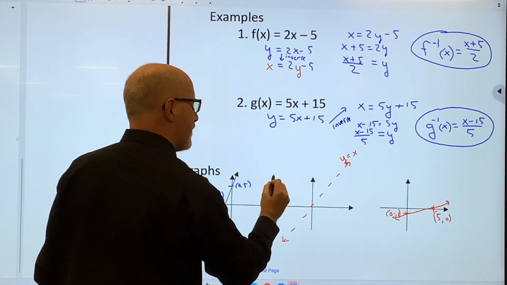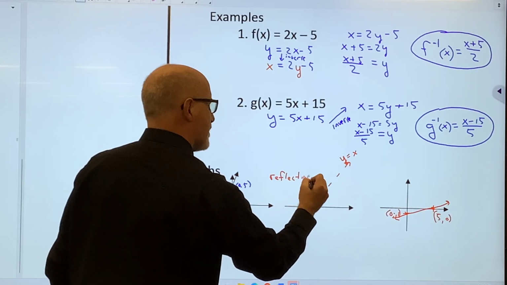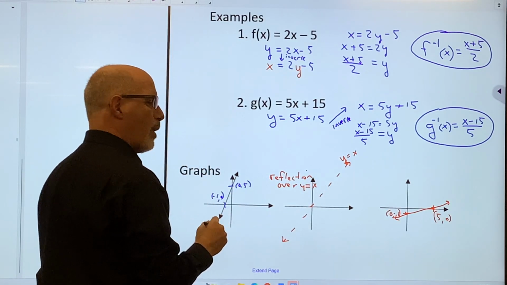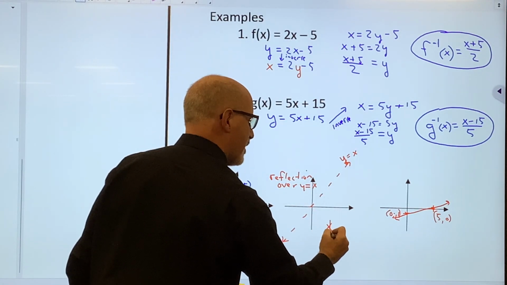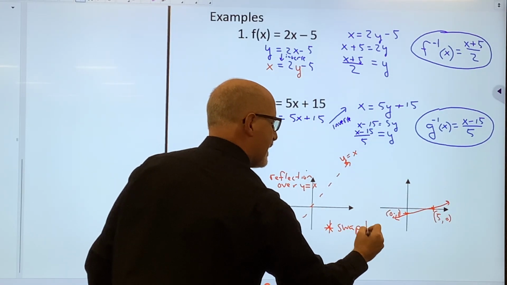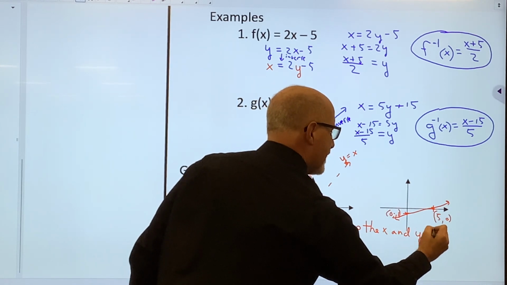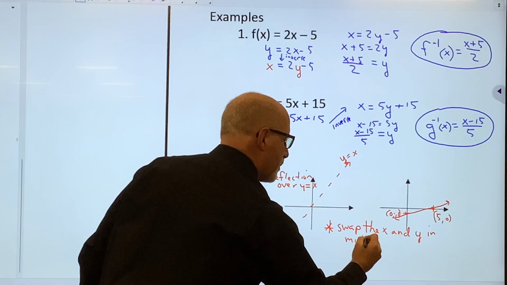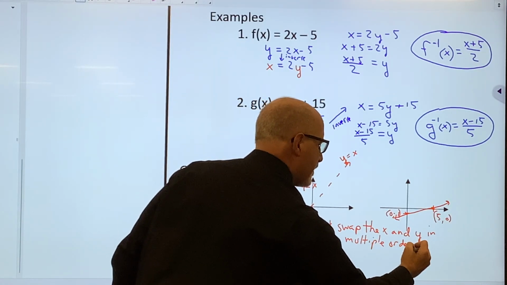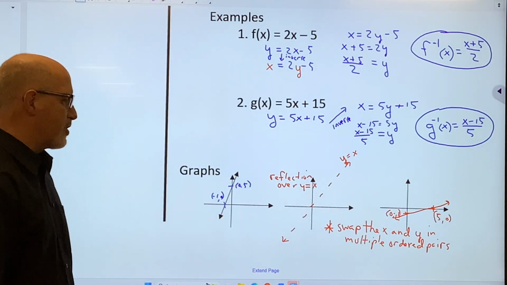So you do a reflection over y equals x, and the way you do it, this is the key step here, is you just take ordered pairs and you swap the x and y in multiple ordered pairs until you've got the shape of the graph. Here we did it with 2 points and we were able to draw the reflection line.